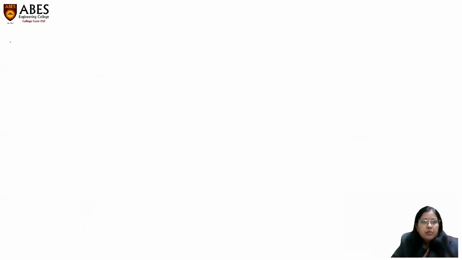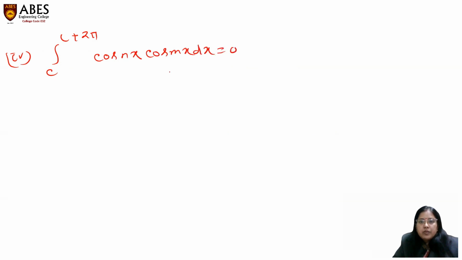Right? The formula number 4 is, similarly, the integral from c to c plus 2 pi of cos nx cos mx dx is equal to 0.